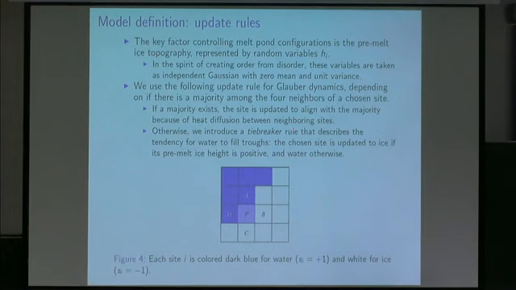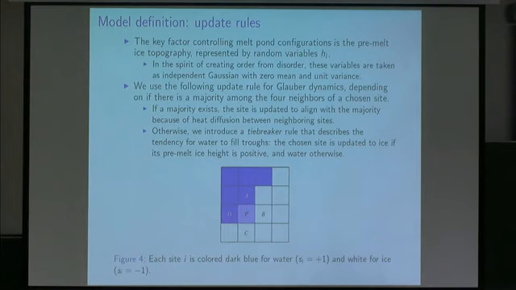This actually describes the physical process of heat diffusion between these neighboring sites. So I think this is a very physical assumption. And if there's a tie between the neighbors, namely, a particular site has two water neighbors and two ice neighbors, then really we need to make a decision.